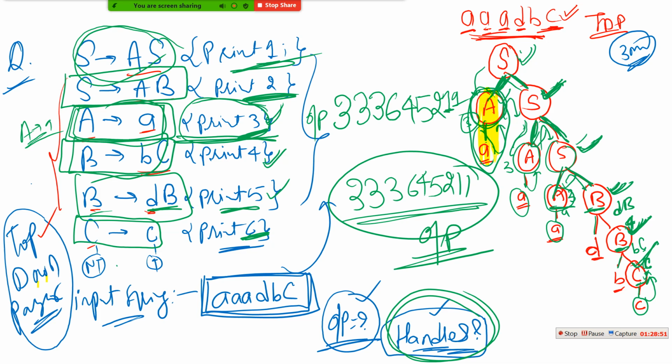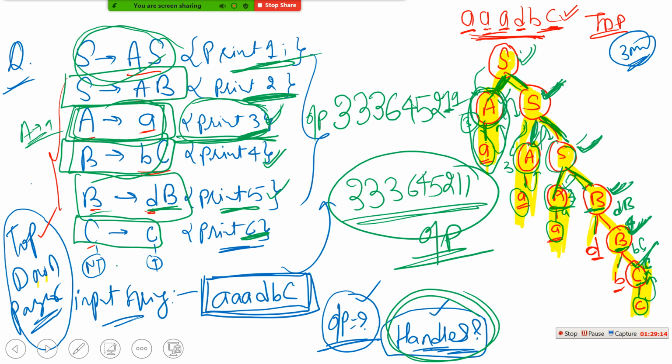This is one of the handles, this is the second handle. Okay, this is the third handle, this is the fourth handle, this is the fifth handle, that is this one, this is the sixth handle, this is the seventh handle, this is the eighth handle, and this is the ninth handle.